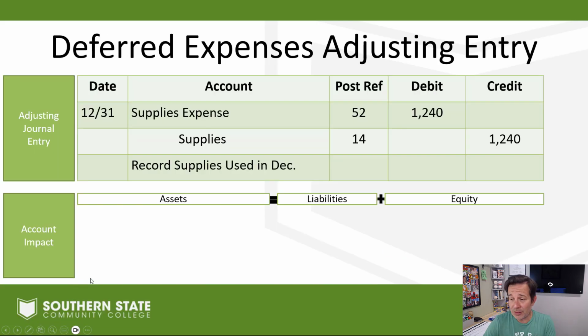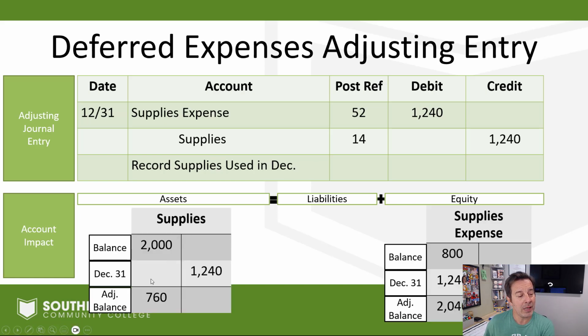So an entry to do that, just like we see right here: supplies expense debit and a supplies credit to the supplies asset account. We can see our supplies account goes down $1,240 to reflect the balance that we really have in the closet right now. And we can see we've added the amount we've used up to the supplies expense account.